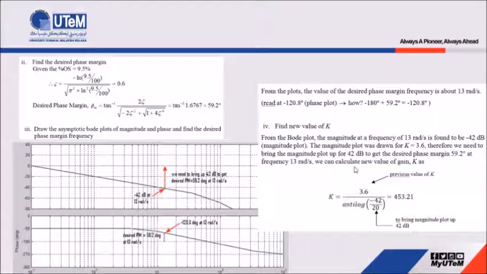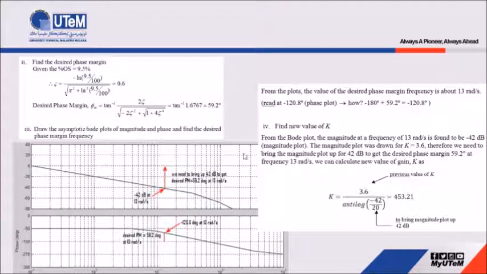So we can calculate the new value of K using this equation, K equals 3.6, because the initial setting is 3.6, so we just put 3.6 here, times 10 to the power of negative 42 divided by 20. This is to bring the magnitude plot up until the Bode magnitude crosses 0 dB.